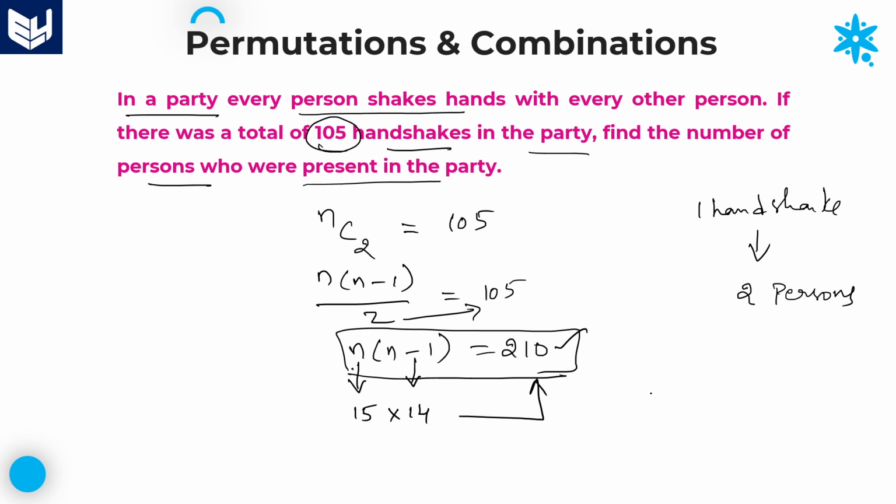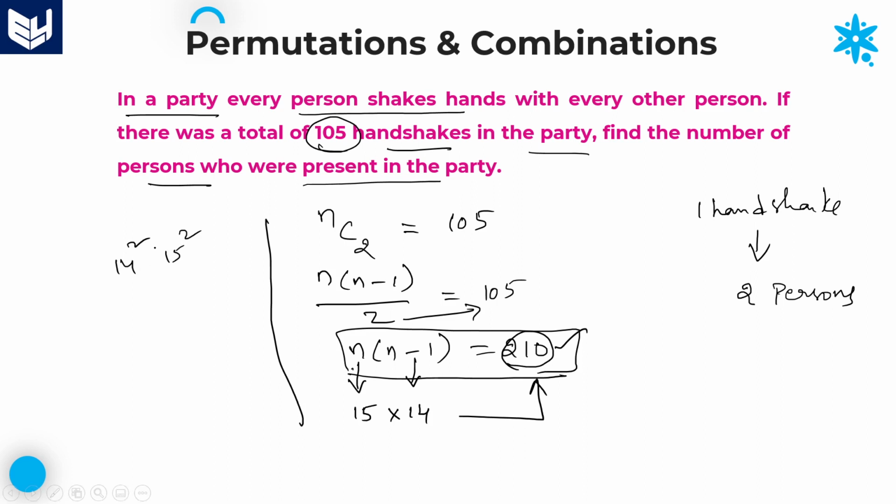So many students have a doubt about what shortcut to use to identify whether n is 14 or 15. It is very simple. Look at this number 210. 210 is nearest to 14 square and 15 square.